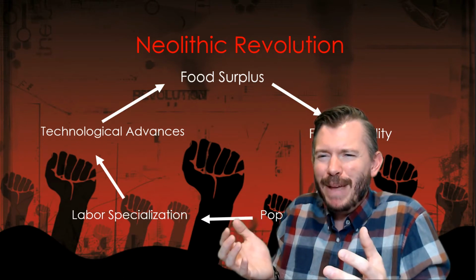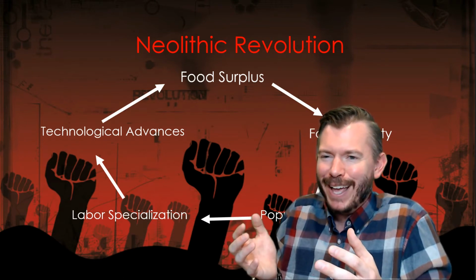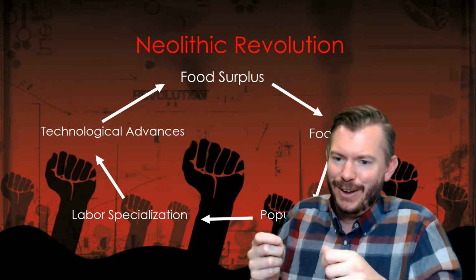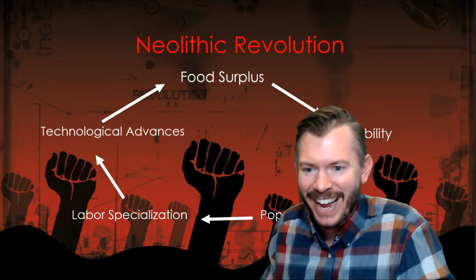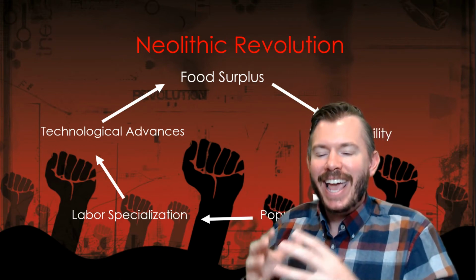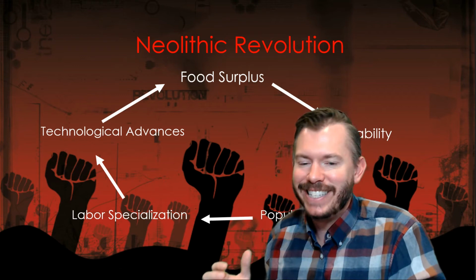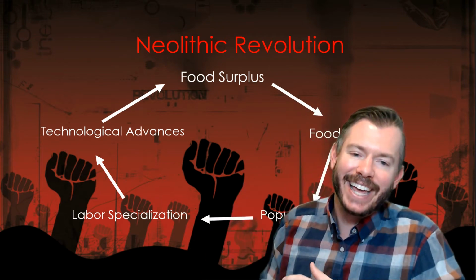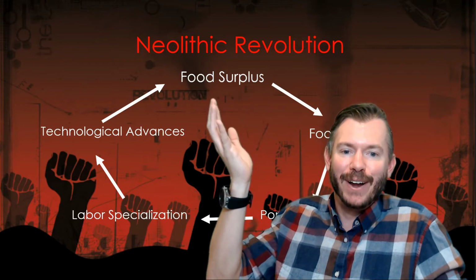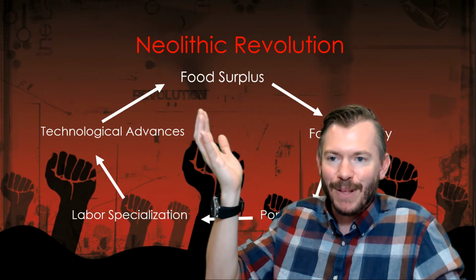And so they start being able to sit around and work on a piece of stone and turn it into a wheel or something like that, right? This allows for technological advances, and those technological advances feed back into the cycle that we're talking about. And it gives you a bigger food surplus, right?